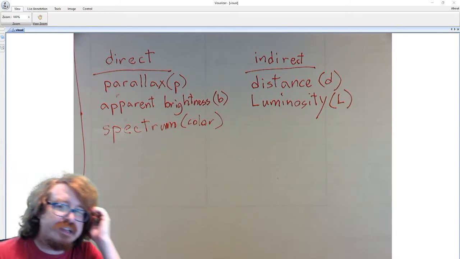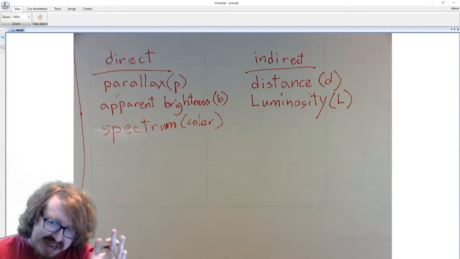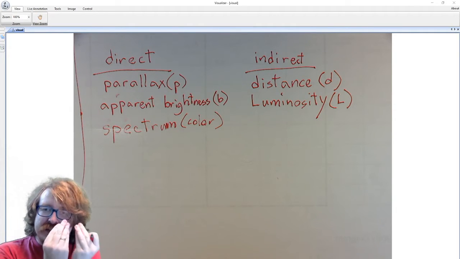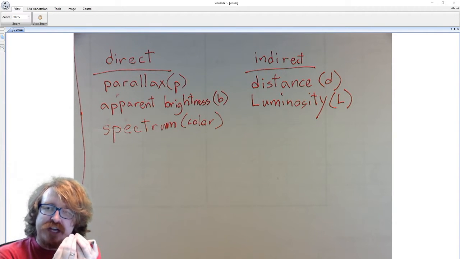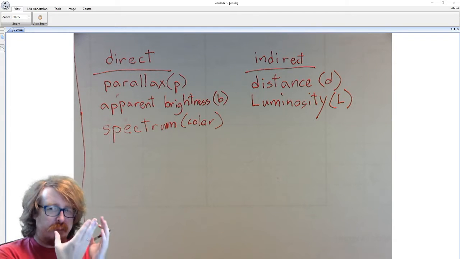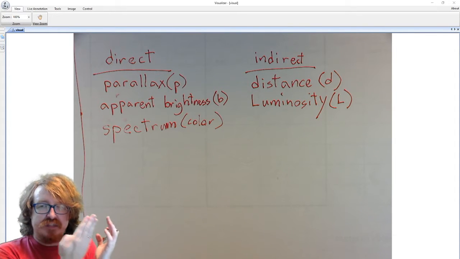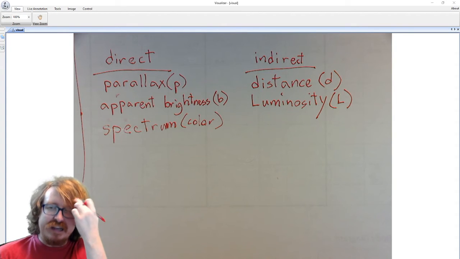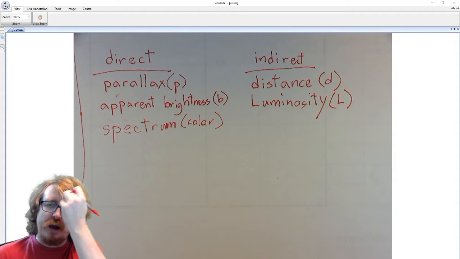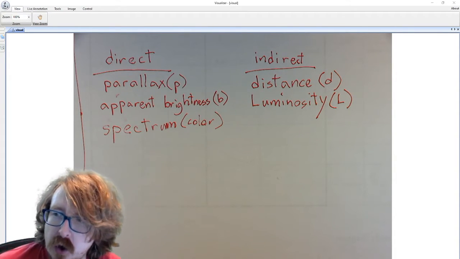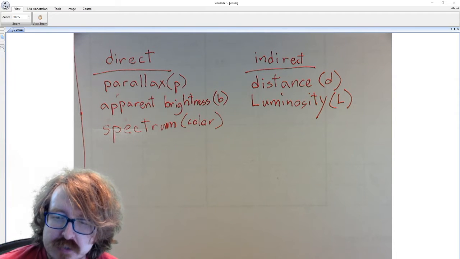Because when we're seeing the color, what we're actually seeing is our eyes combining the spectrum of the object together. Remember, the spectrum is the pattern of wavelengths that an object gives off, and color is how we see those different wavelengths, right? So we can directly measure the spectrum.